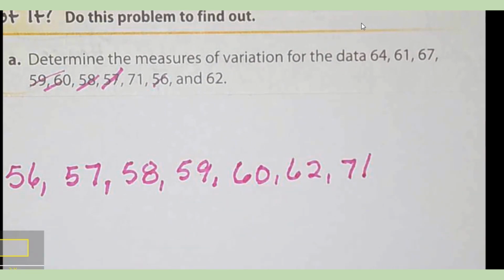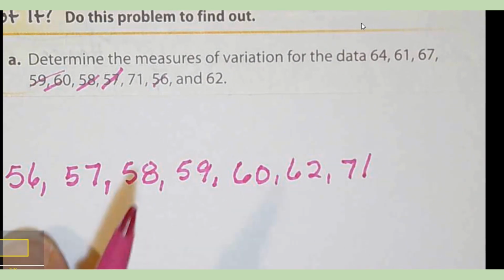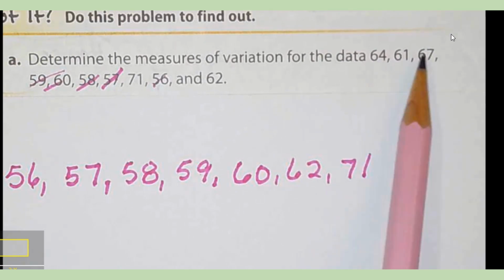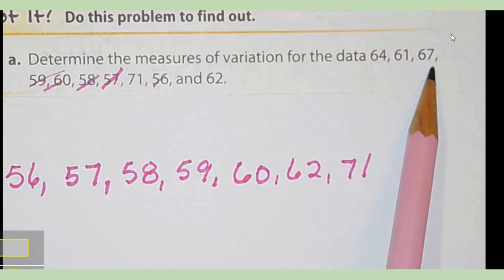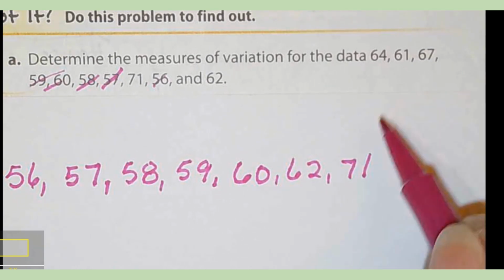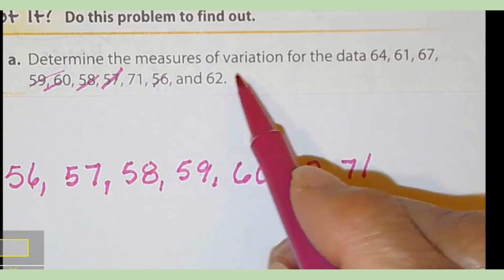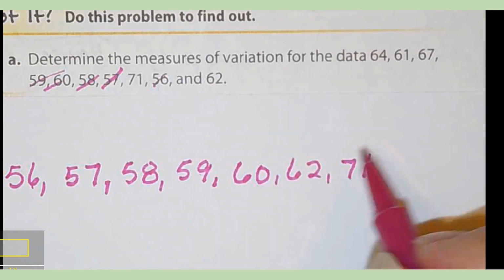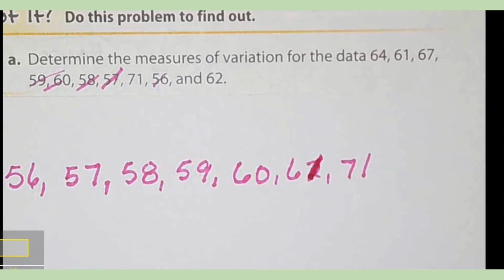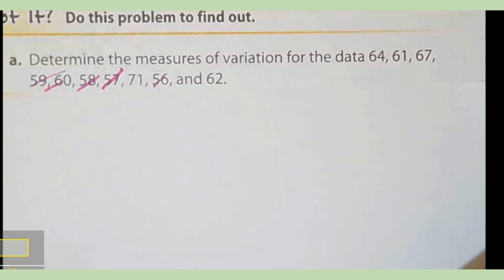Okay, so let's look at these numbers. We have how many pieces of data? 1, 2, 3, 4, 5, 6, 7. Oh, I forgot these up here. Wow. Let's go ahead and do that. So here's 62. I have a 61. Let me redo these numbers again. I don't want it to be messy.